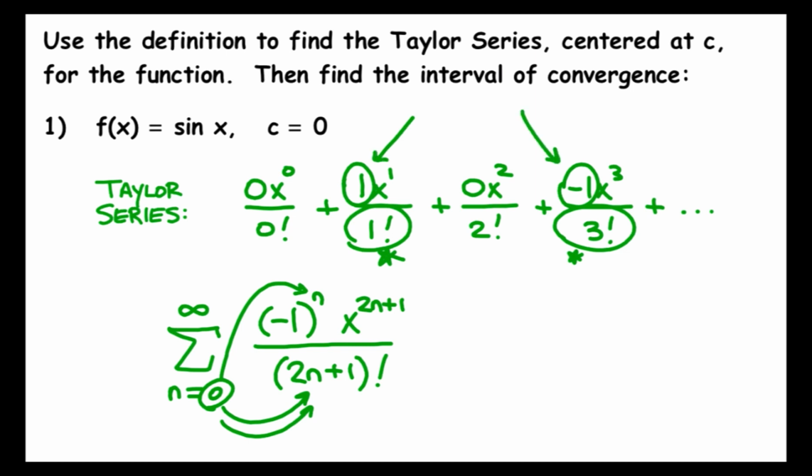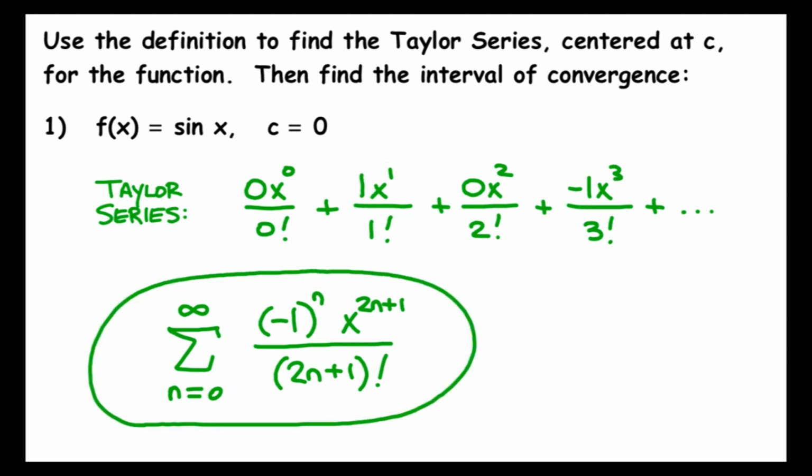So that's actually good, and so that's my formula. So I'll go ahead and circle that. And I'm done with the first part, which is find the Taylor series centered at c. So that's been taken care of. Now I want to go ahead and find the interval of convergence. And of course, like always, we start that out by using the ratio test.